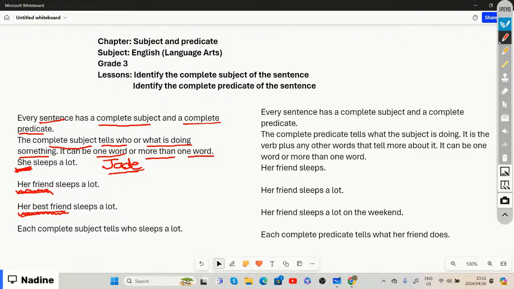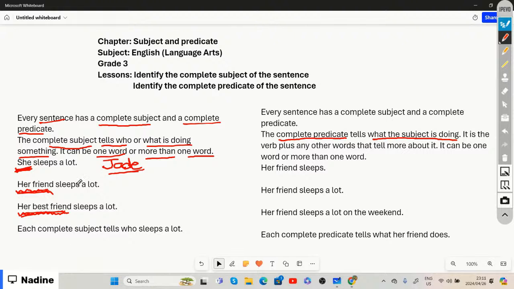All right. And then we also have a predicate, right? So once again, we said every sentence has a complete subject and it has a complete predicate, right? And the complete predicate, in this case, tells us what the subject is doing.